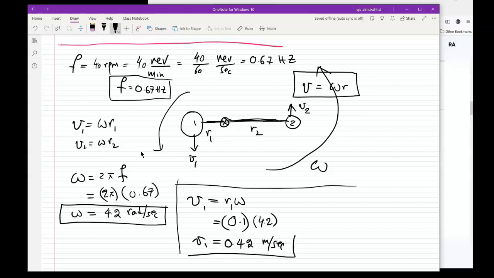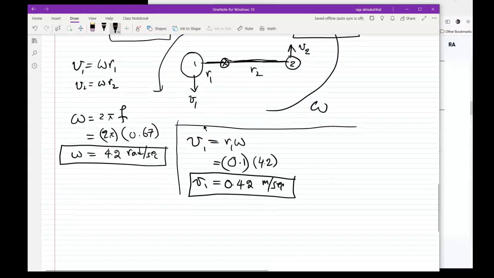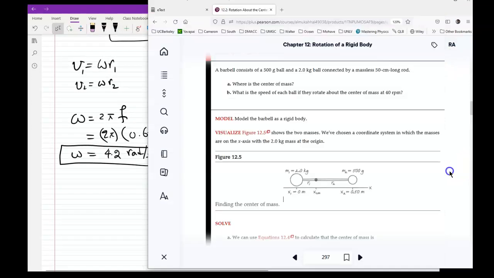What that means is that V1 is going around the center of mass like that. What's the tangential speed? 0.42. Now this one has a larger radius, and to catch up with it, for sure it's going to be faster. So now we can calculate V2, which is R2 omega. Back to the drawing, R2 is right here. If this is from 0 to 0.5, and this is 0.1, that must be 0.4, correct?